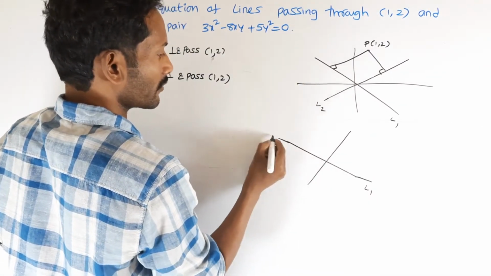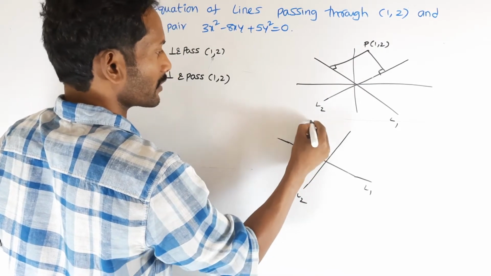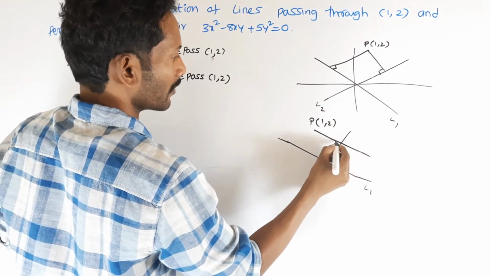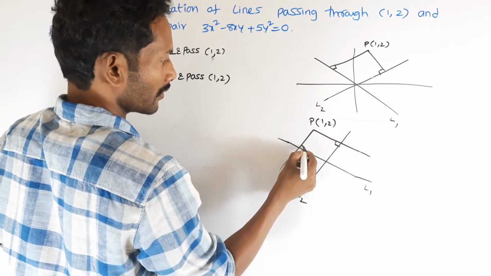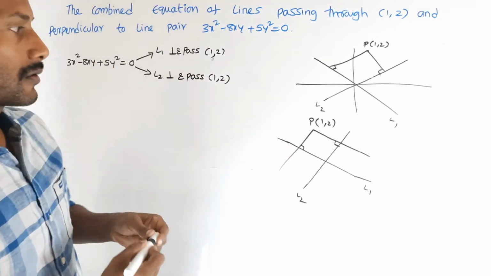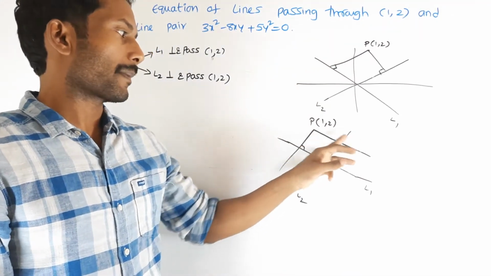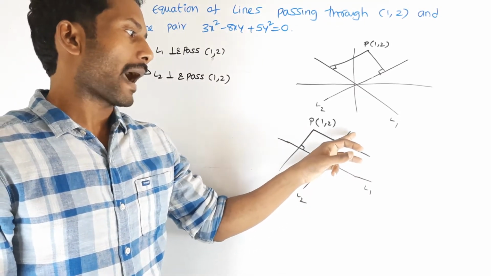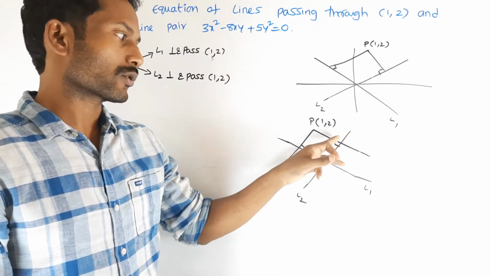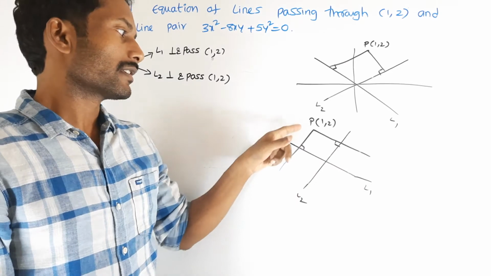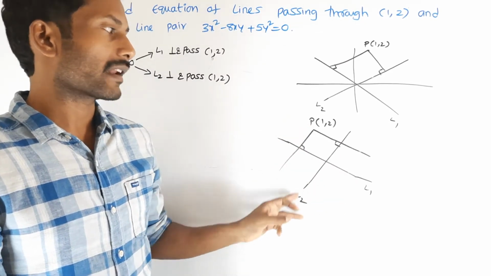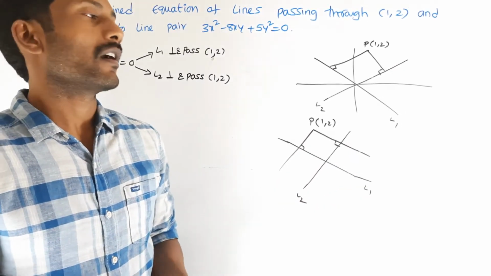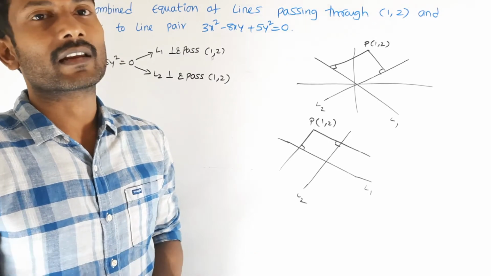This is line L1, this is line L2, point P (1, 2). A line perpendicular to L2 is parallel to L1, and a line perpendicular to L1 is parallel to L2.